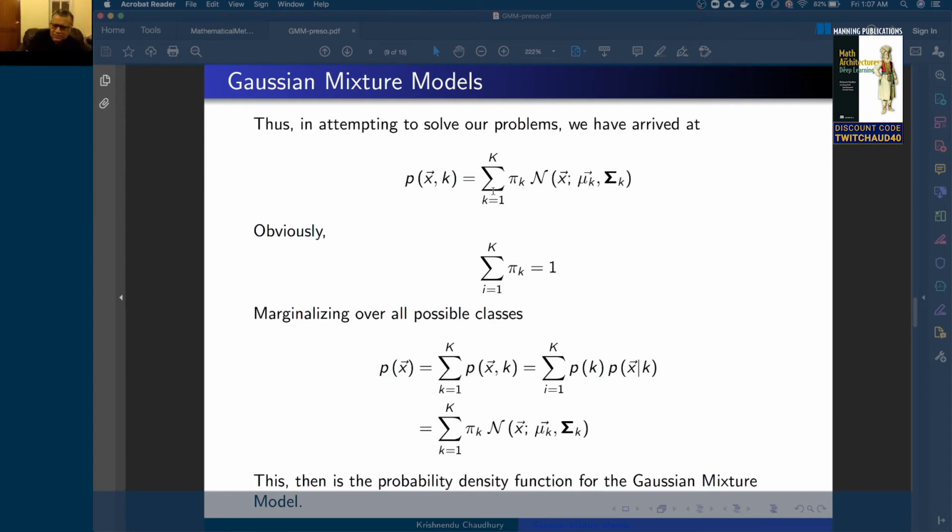There is a typo here, I'm sorry. The sigma should not have been there. This should go away. Only the content of the sigma should be here. Anyway, the probability of x is essentially a weighted sum of the Gaussian component probabilities.